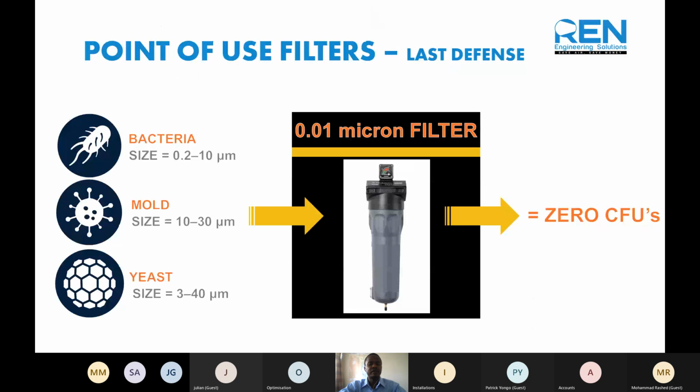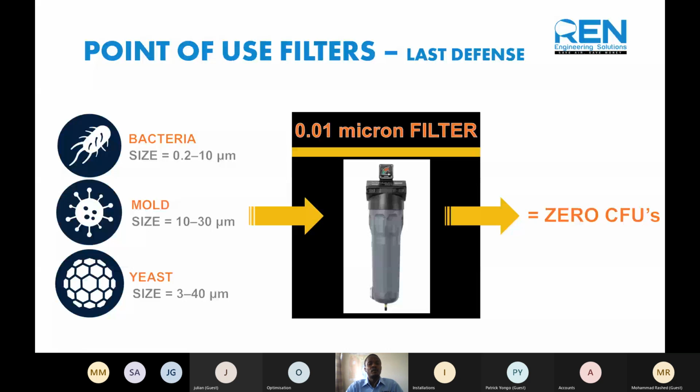Now, this slide explains why a 0.01 micron filter is frequently recommended. If we look at the size of bacteria, this is frequently between 0.2 and 10 micrometers. Molds can be between 10 and 30 microns, and yeast between 3 and 40 microns.